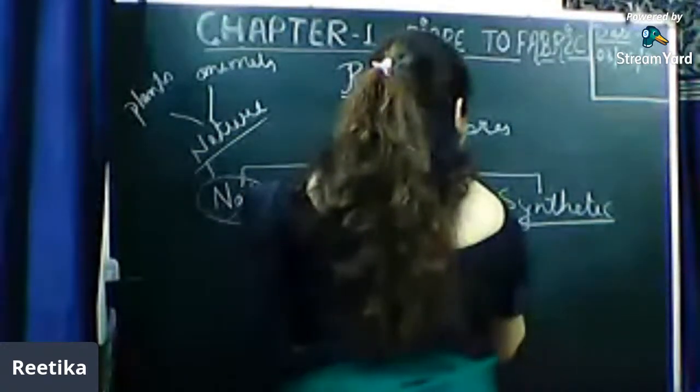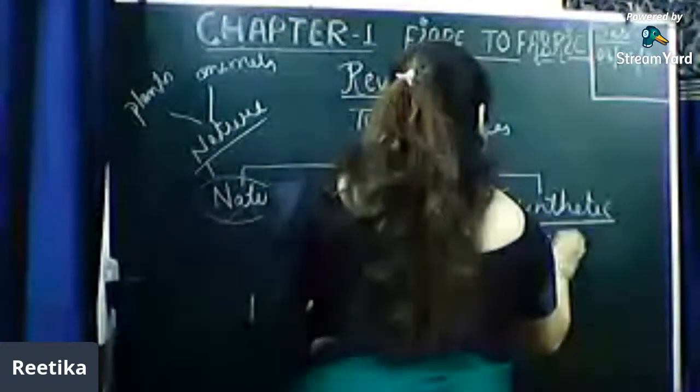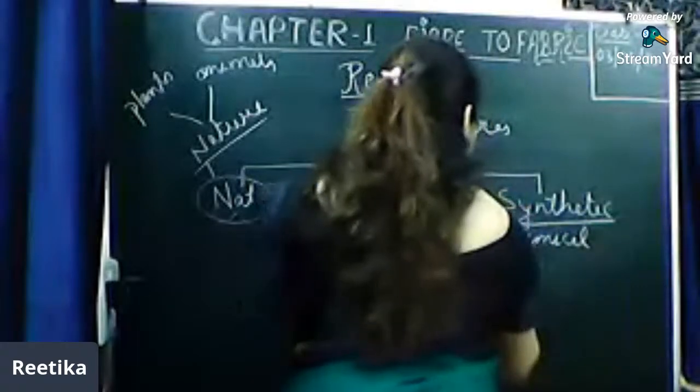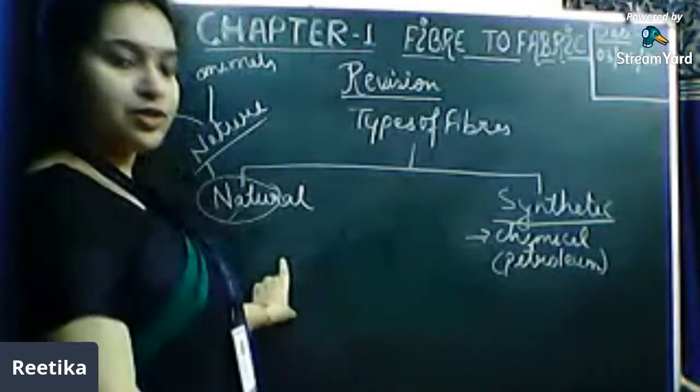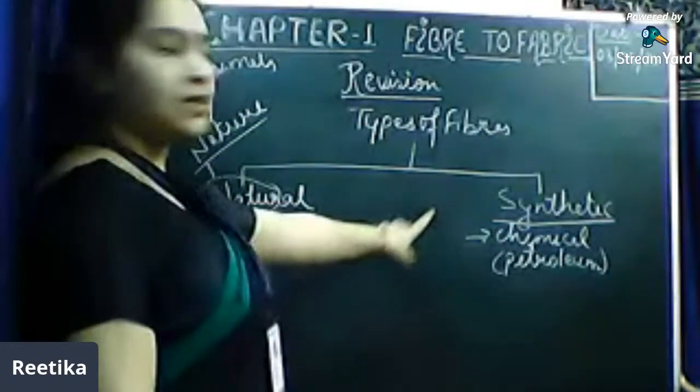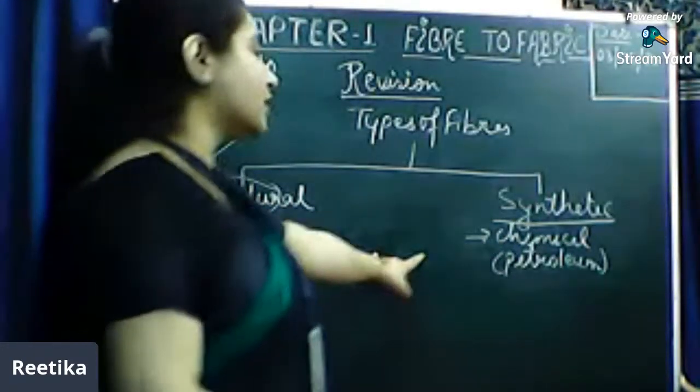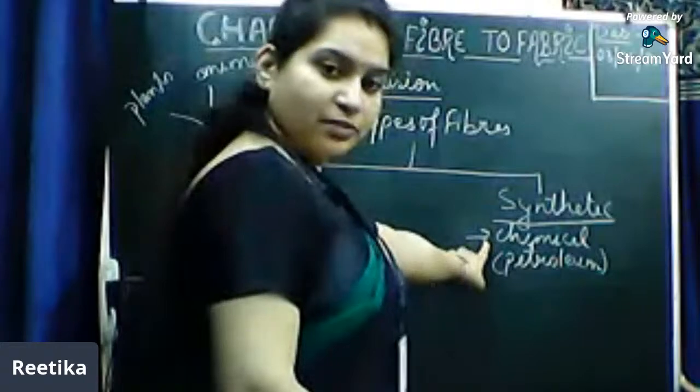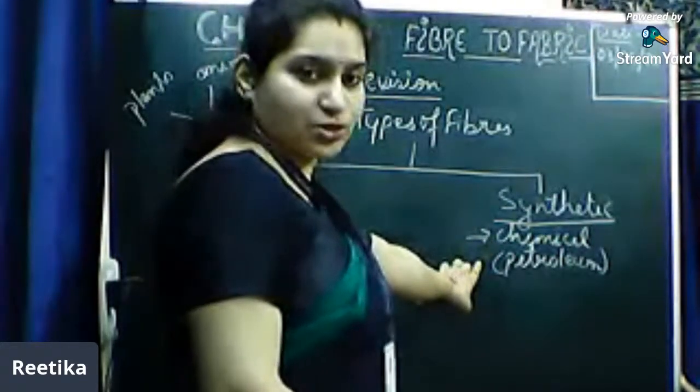So it is made up of chemicals, which is called petroleum. Natural fibers are the fibers that are made from plant and animal. Synthetic fibers are the fibers that are made from chemicals, basically petroleum.